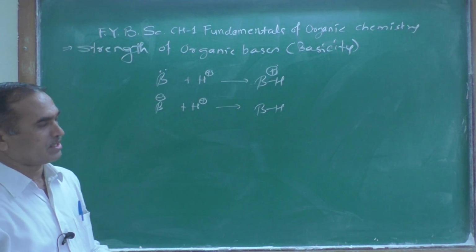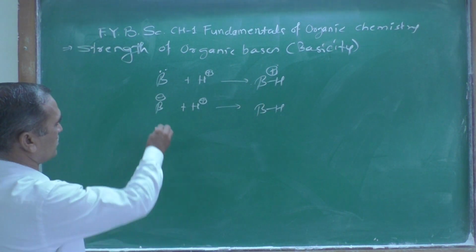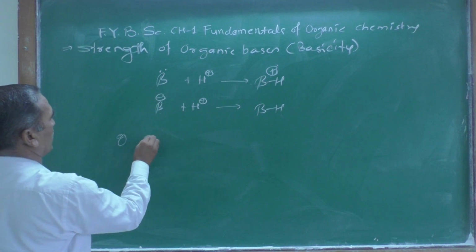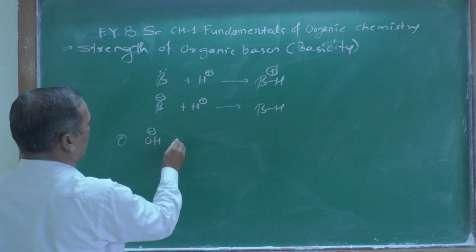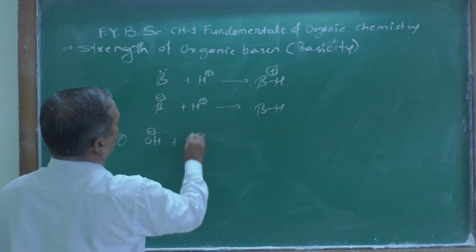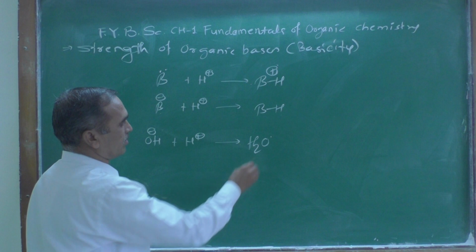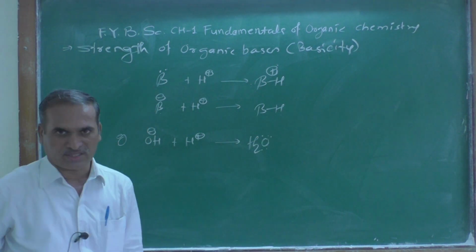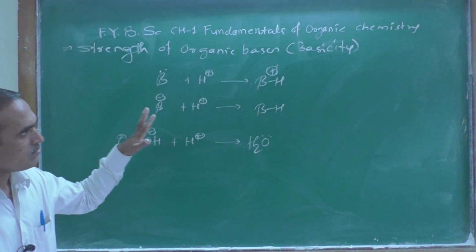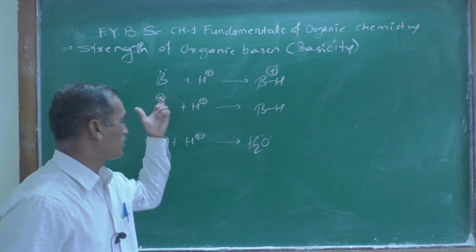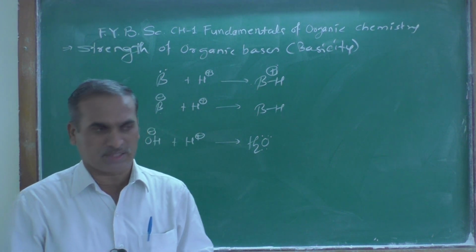So we have positive, negative and the resulting compound. For example, OH minus and H plus combine to produce H2O, water, which is neutral in nature. This thing is called a base.